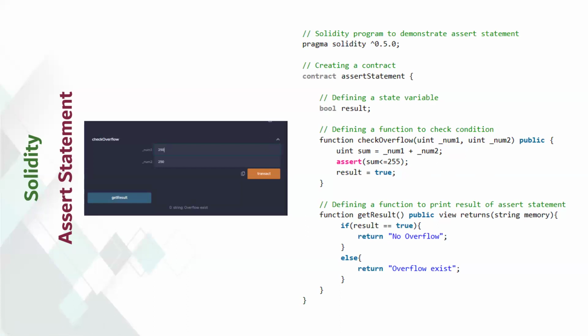If result is true, it returns no overflow. Otherwise, it returns overflow exists. So in summary, the assert statement in Solidity is used to ensure certain conditions are true during contract execution. If an assert statement evaluates to false, it indicates a critical error in the contract logic and halts execution to prevent further incorrect behavior.